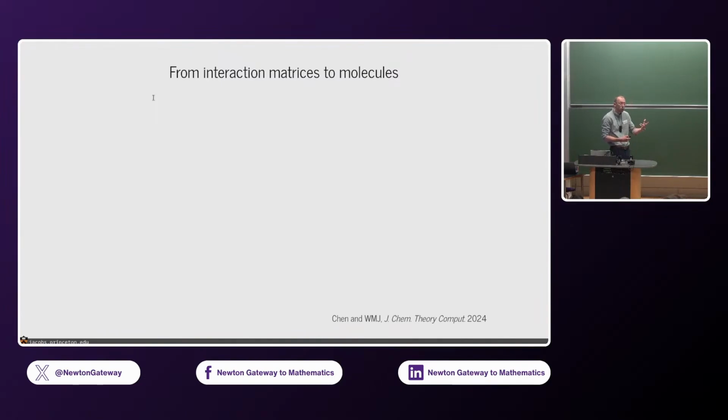I should also emphasize that this convex optimization approach gave us constraints on these interaction matrices, but it didn't tell us that there was a single one. In fact, this is often a highly degenerate problem. So we should be looking for solutions to the problem that are the simplest.